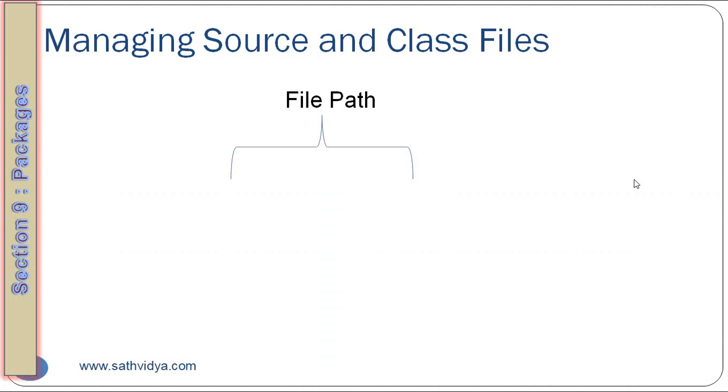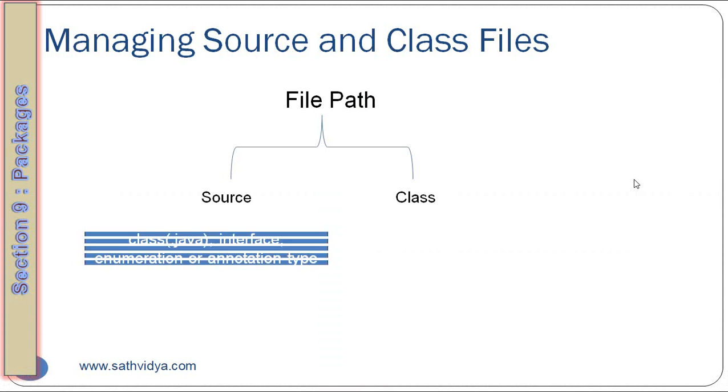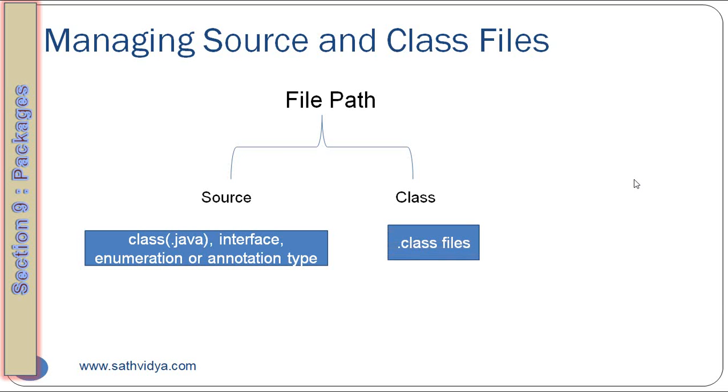So whenever we are creating a Java application, we are going to maintain two folders called source folder and class folder, where the source folder contains all the files that we are creating like .java files or interface files or enumeration files or annotation files, and the class folder contains all class files that Java is going to produce after compilation.